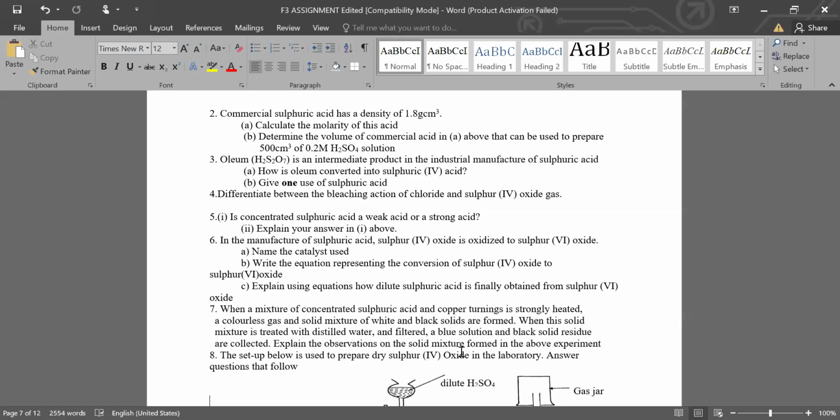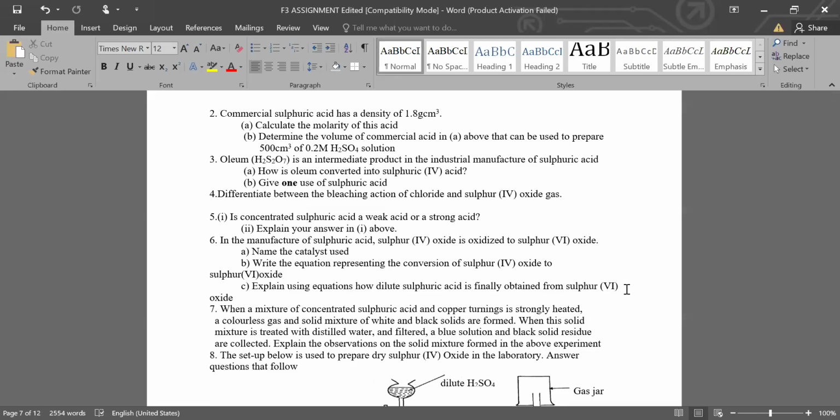If sulfur(VI) oxide is put in water, the product will be sulfuric(VI) acid. But that reaction is not done directly because it is highly exothermic and it cannot be maintained, because it produces a lot of heat and a mist of sulfuric(VI) acid is formed.